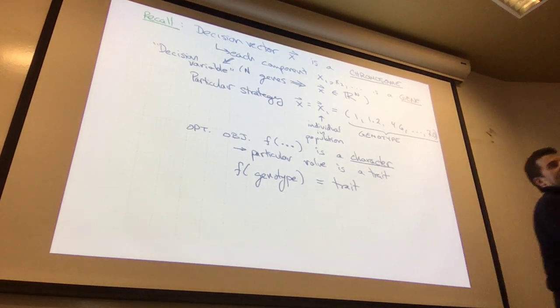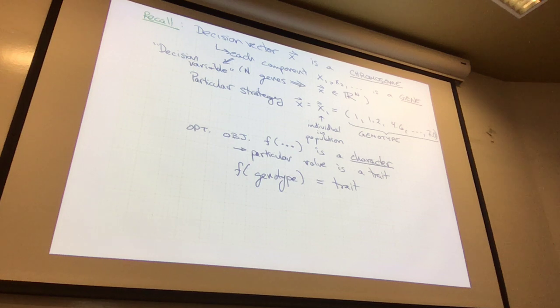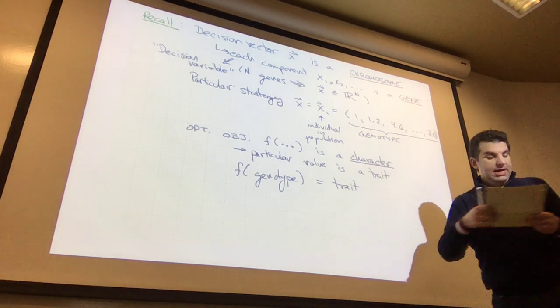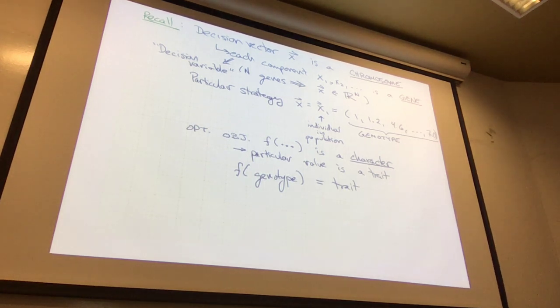Now what fitness does is it then maps those traits to the number of offspring you have, or something that correlates with the number of offspring you have. So the fitness function, which I'm going to use as a capital F, effectively maps traits, plural.